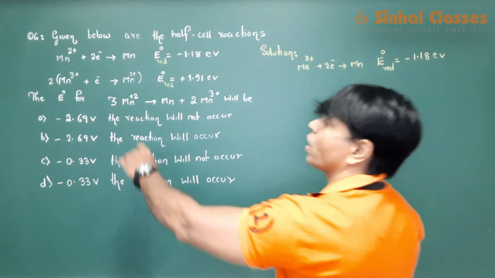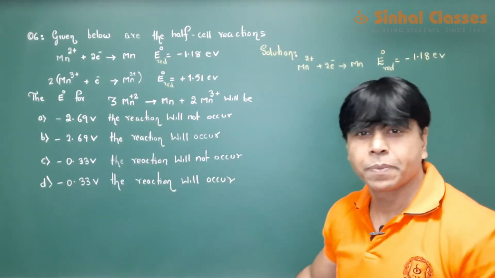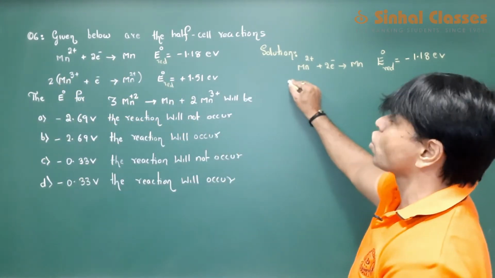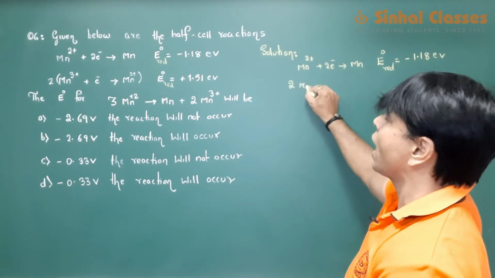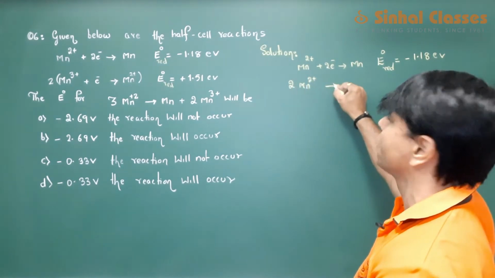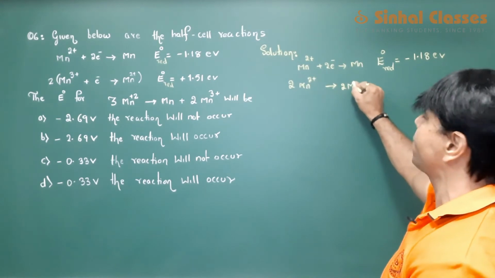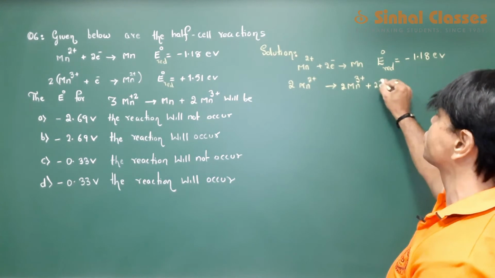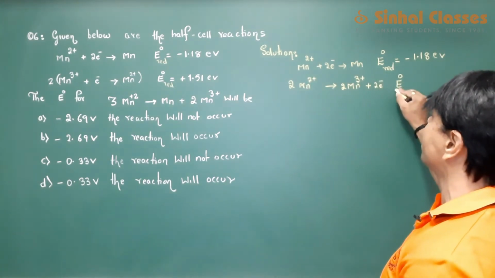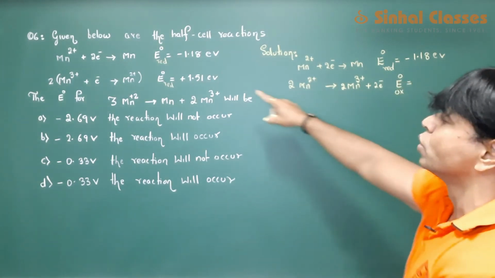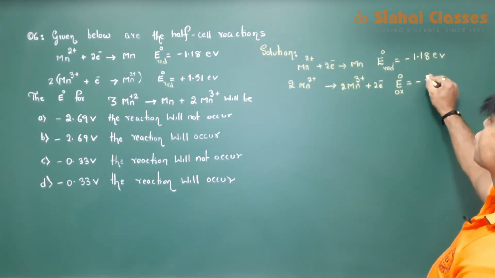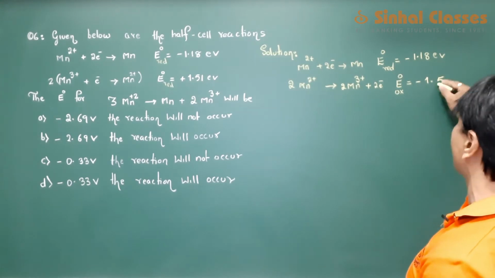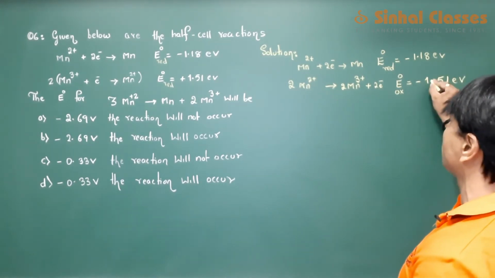But now since I want 3Mn2 plus, you reverse this reaction by multiplying by 2, so it will become 2Mn2 plus giving you 2Mn3 plus 2 electrons. This will now become oxidation value and the sign will change, so it will become minus 1.51 electron volt.